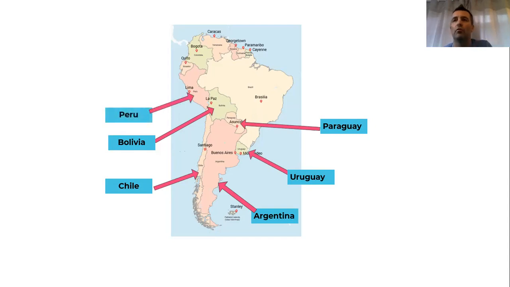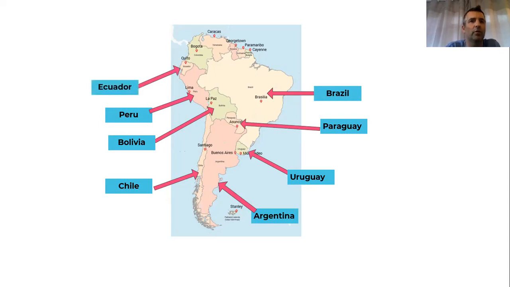Then we have Peru. Over to the east we have Brazil, and this is the one that we're going to focus on this unit, that big country there. Then above we have Ecuador, followed by Colombia.